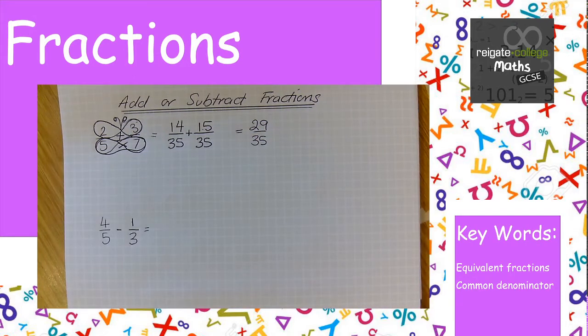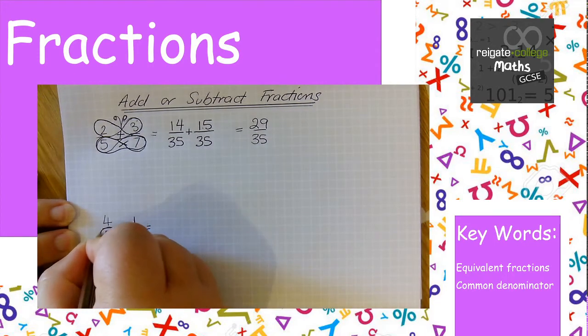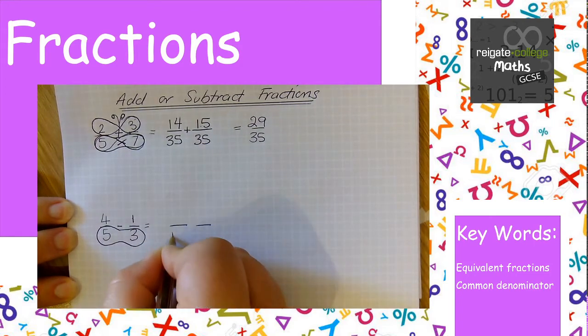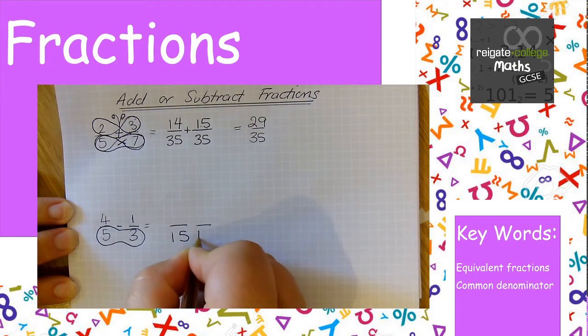I'm now going to use the same butterfly method to create 2 equivalent fractions before I subtract them. Multiplying the 2 denominators, I get a common denominator of 15.